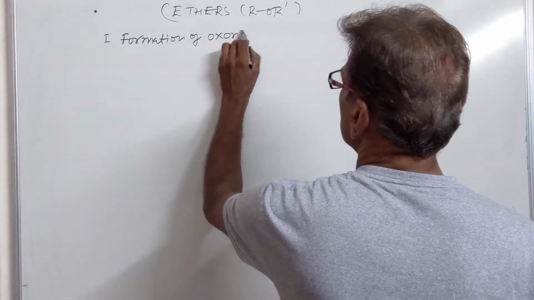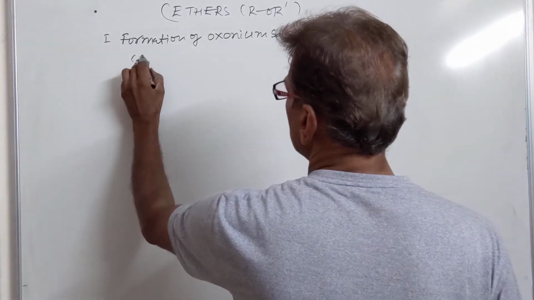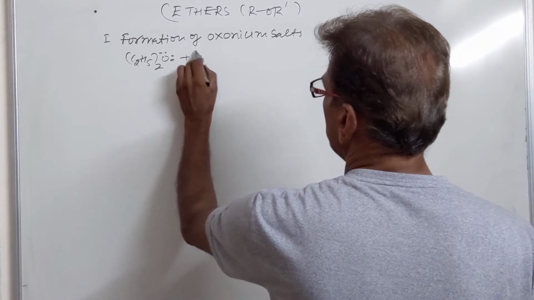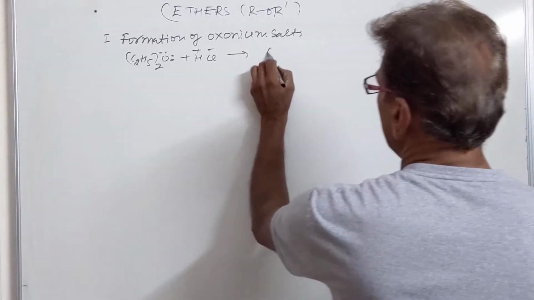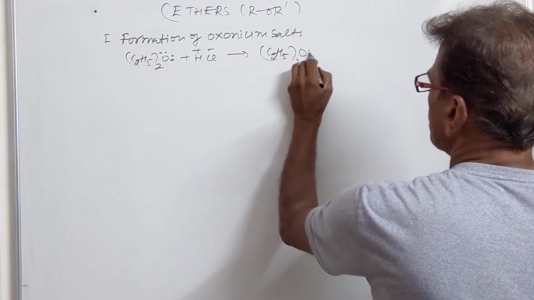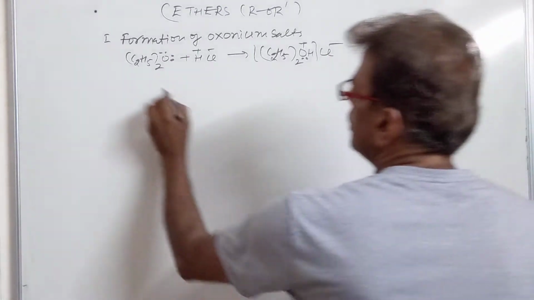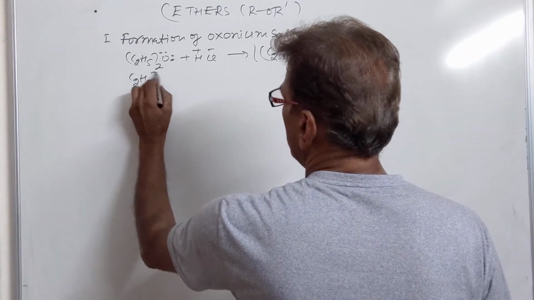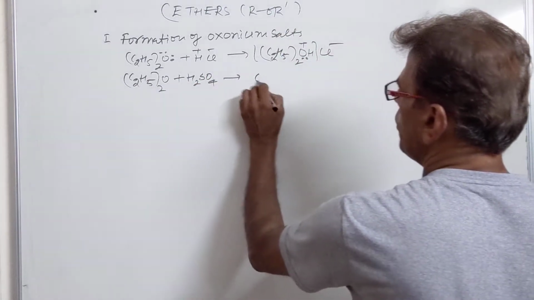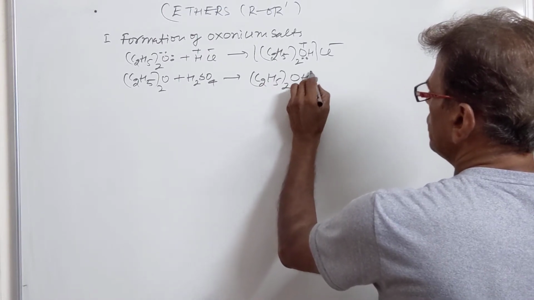Oxygen will be positively charged in these salts. Diethyl ether, having two lone pairs of electrons, treated with HCl gives diethyl oxonium chloride. Similarly, when diethyl ether is treated with sulfuric acid, we again get a similar type of salt, diethyl oxonium hydrogen sulfate.